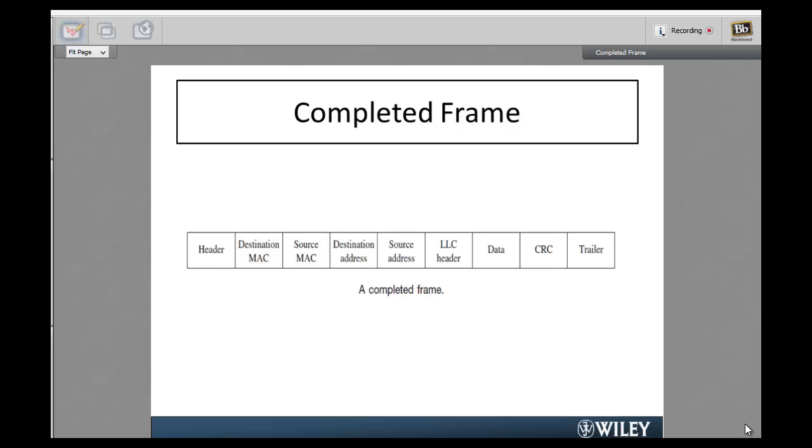It's not only data. It's data plus CRC, which are correction codes, and a trailer and header. You will also have the destination and source address, the MAC one and the other address. You will have the LLC header also. So these are the components.